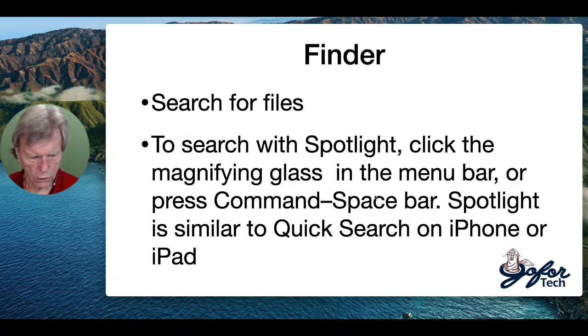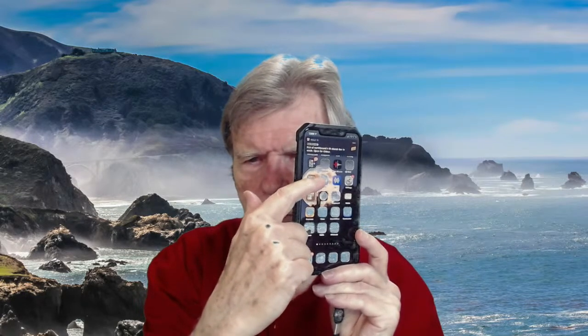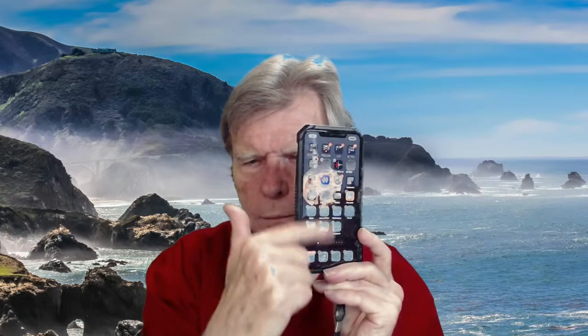Let's just show you how to do that since we happen to have an iPhone right here. So when you're on your home screen, it's going to search on your home screen. You simply put your finger in the center and swipe down. Okay, like that.